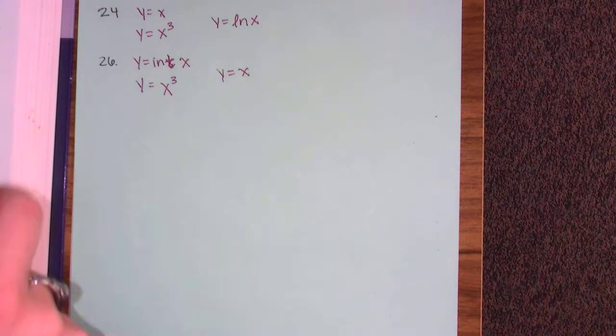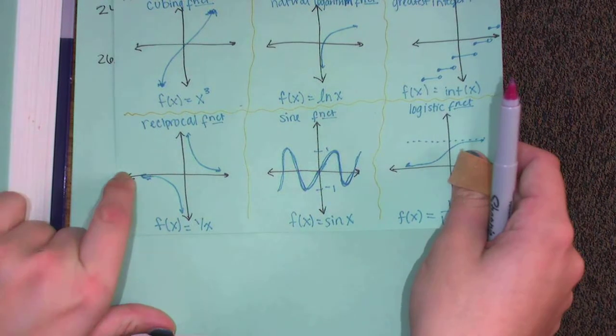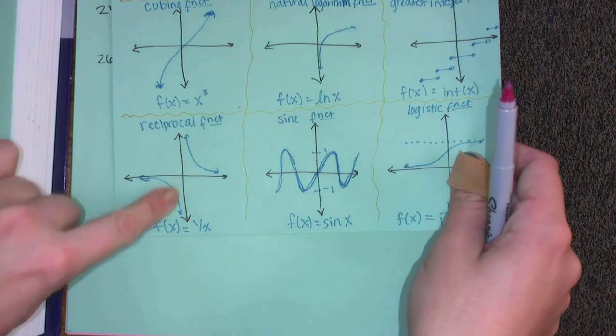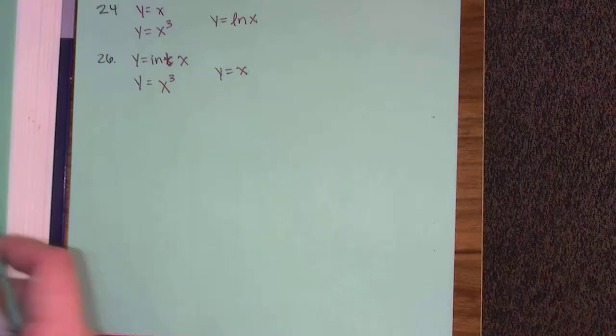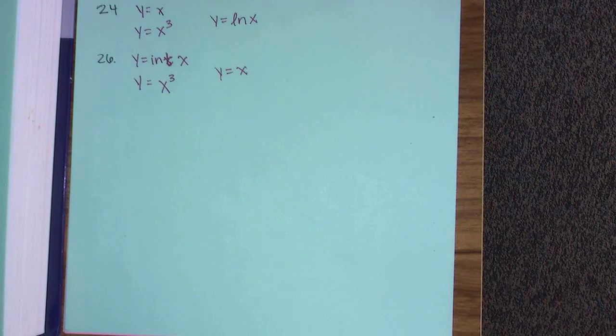With that one, we're looking at what happens as x gets really far out here, and that's going up to 0. So we're looking for what's happening when it goes all the way down to negative infinity. So that's why that one wouldn't have been.